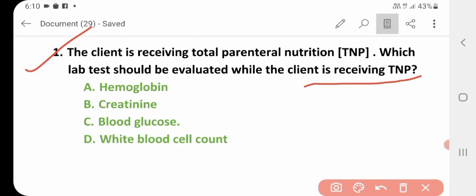Hemoglobin, creatinine, blood glucose, white blood cells. When a client is receiving total parenteral nutrition, blood glucose should be evaluated. So blood glucose is the right answer, option C.